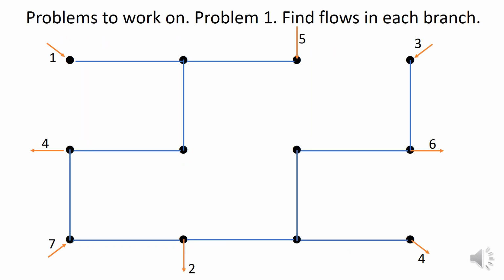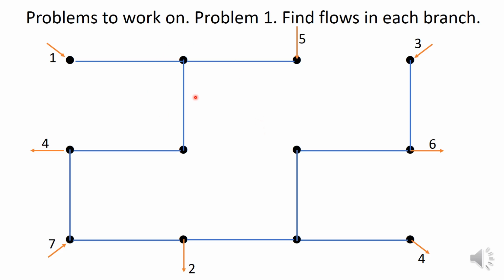Now here are some problems for you to work on. I will leave these with you so you can get some practice. Again, many of these problems involving spanning trees can be done with very simple arithmetic. And someone in primary school or secondary school can handle these problems because they just involve basic addition and subtraction.